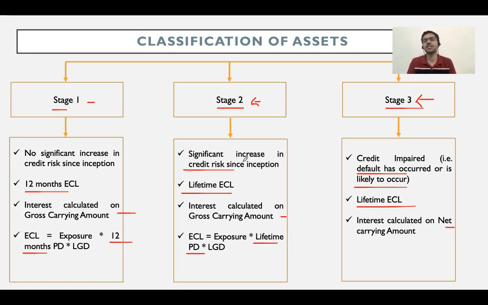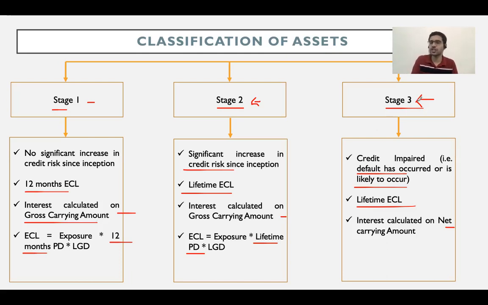Under stage 1 and stage 2, I am going to calculate interest on my gross exposure or the gross carrying amount, which is nothing but my purchase price plus transaction cost. That becomes your initial recognition, and you calculate interest on that, right?